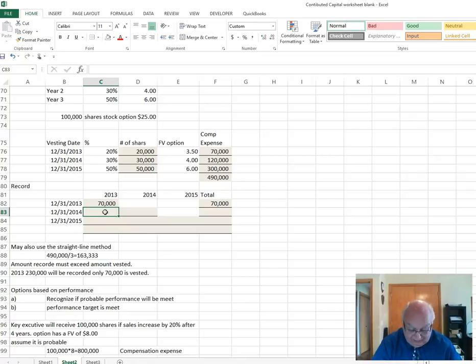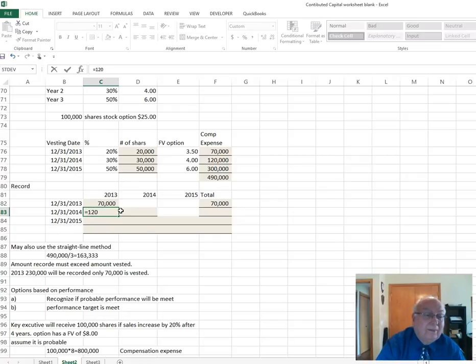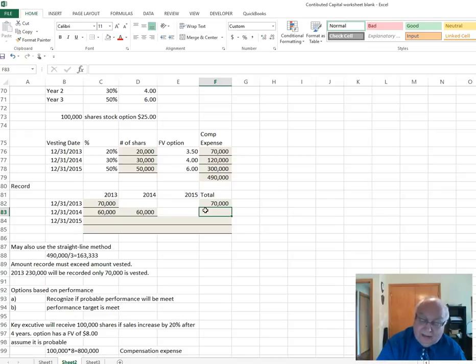On this one, it's $120,000 divided by 3. No, divided by 2, sorry. It's only for 2 years. Divided by 2. So that's $60,000 each year. So that would be a total of $120,000.